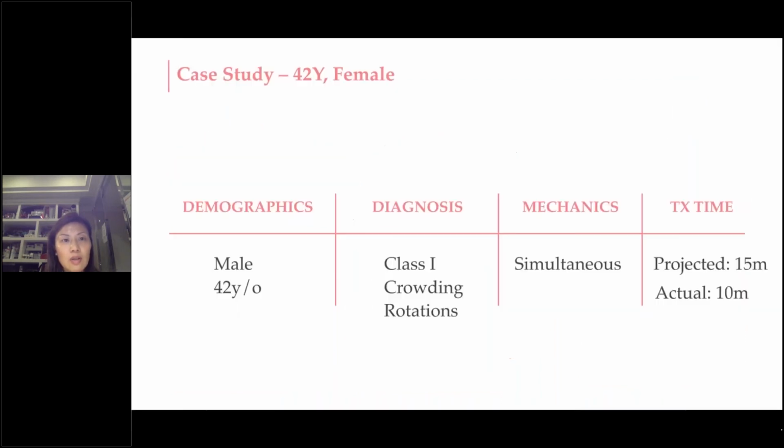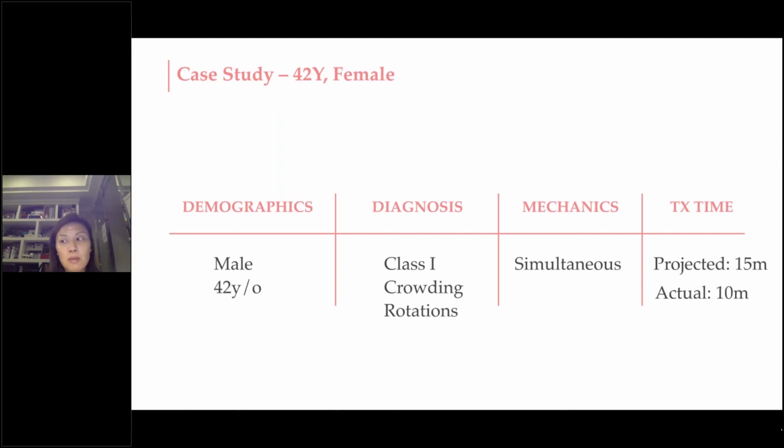So the last case that I'm going to share is a case with crowding and rotations, especially in middle-aged patients. Usually I like to try it on middle-aged patients, as you know that a lot of patients in their early 40s or late 40s usually have very stubborn bone.